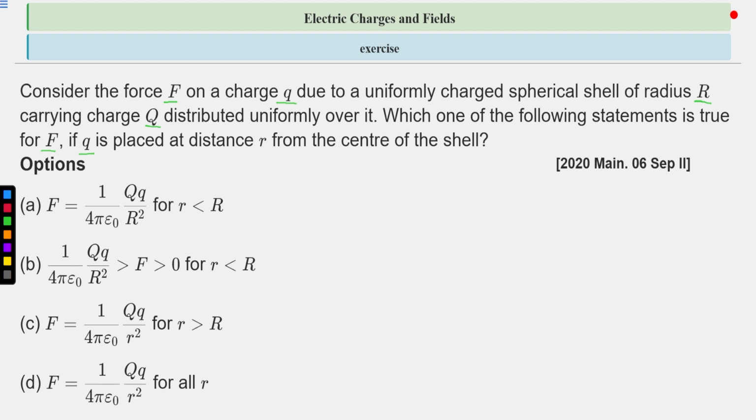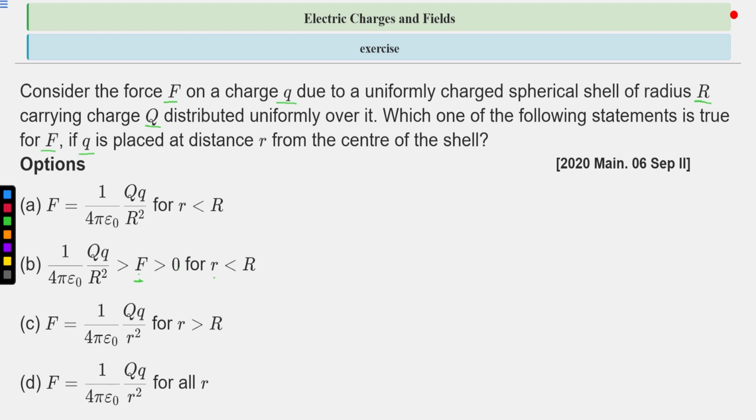Second option is force is between 0 and 1 by 4 pi epsilon naught Q q by R square for r less than R, which is again the same condition, for a distance less than the radius of the spherical shell, means inside the spherical shell.